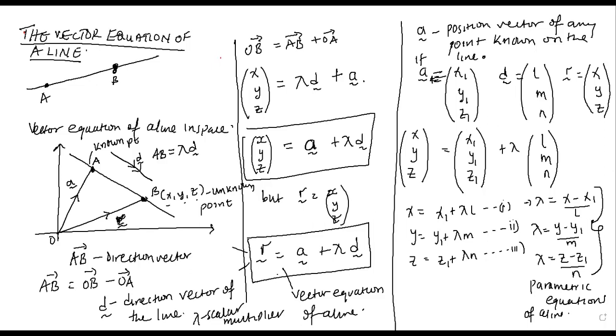Okay, so I trust that you're done with that. Now, those are parametric equations. They can ask you to get the Cartesian equation of a line.